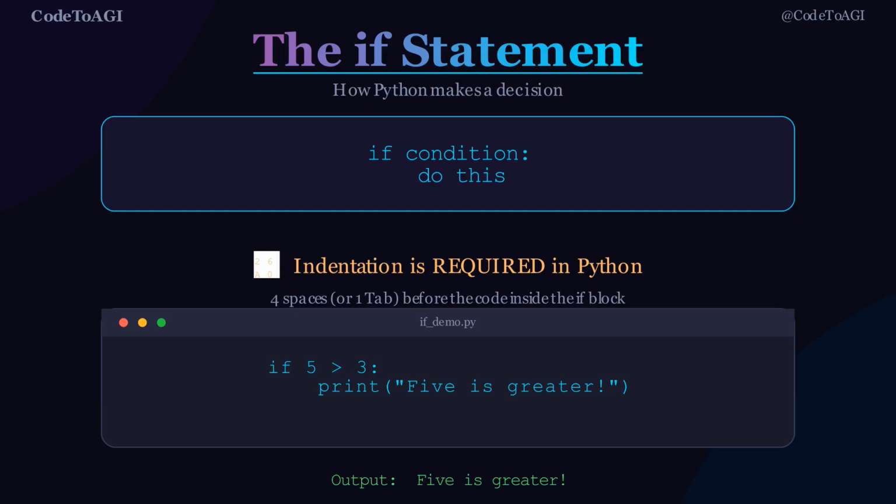This indentation is not optional in Python. It is how Python knows what belongs inside the if block. Look at the example. If 5 is greater than 3, that is true. So Python runs the print statement. It prints 5 is greater. If the condition were false, Python would skip that line entirely.